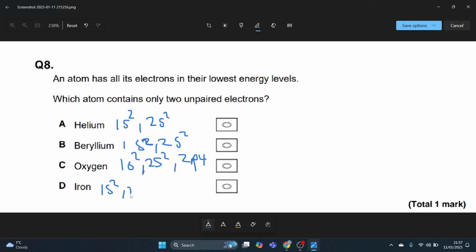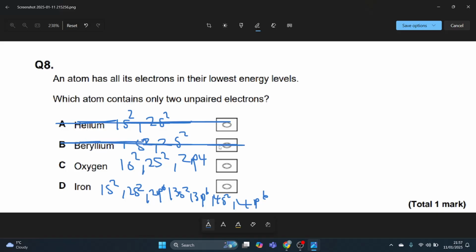1s2, 2s2, 2p6, 3s2, 3p6, 4s2, how many is that? 4, 10, 12, 18, 20, 4s2, 4p6. I think that's iron. So which atom contains only 2 unpaired electrons? It's not going to be A, not going to be B, both of those are paired s orbitals.